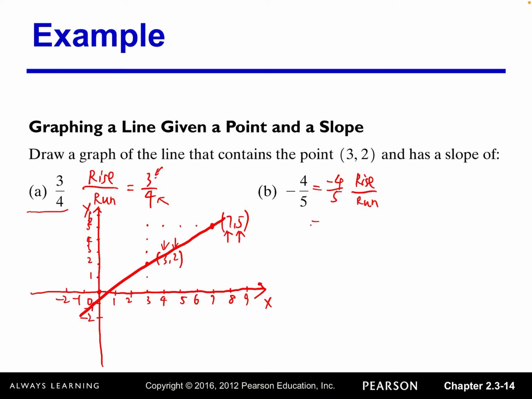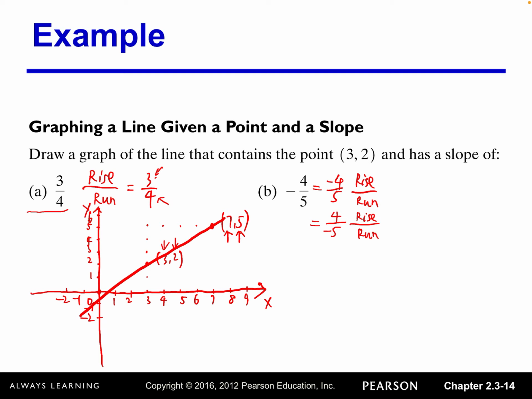Or you can consider +4 over -5, so that means rise is +4, run is -5. It's really up to you. That refers to 2 different points, but they're on the same line, in different directions.